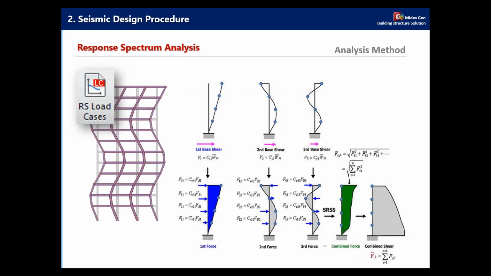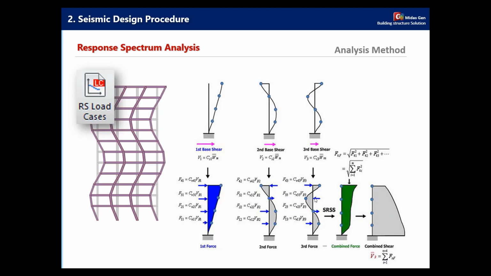So this is how the base shear is calculated using the response spectrum analysis. For mode number 1, number 2, and until the number of frequencies you specified, the software will calculate the base shear, and then it's going to sum them up using the combination method to calculate the base shear force.